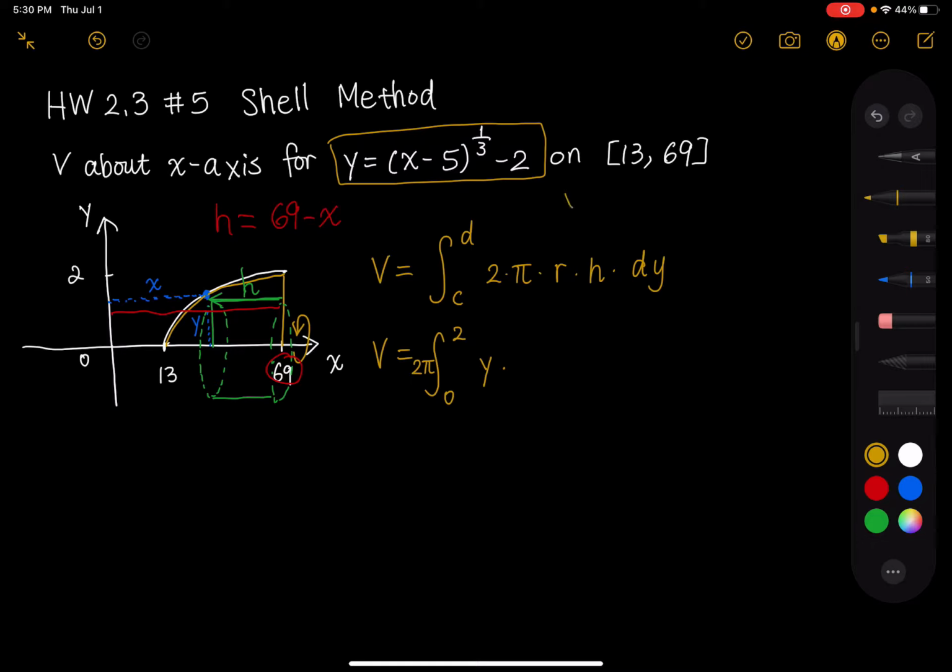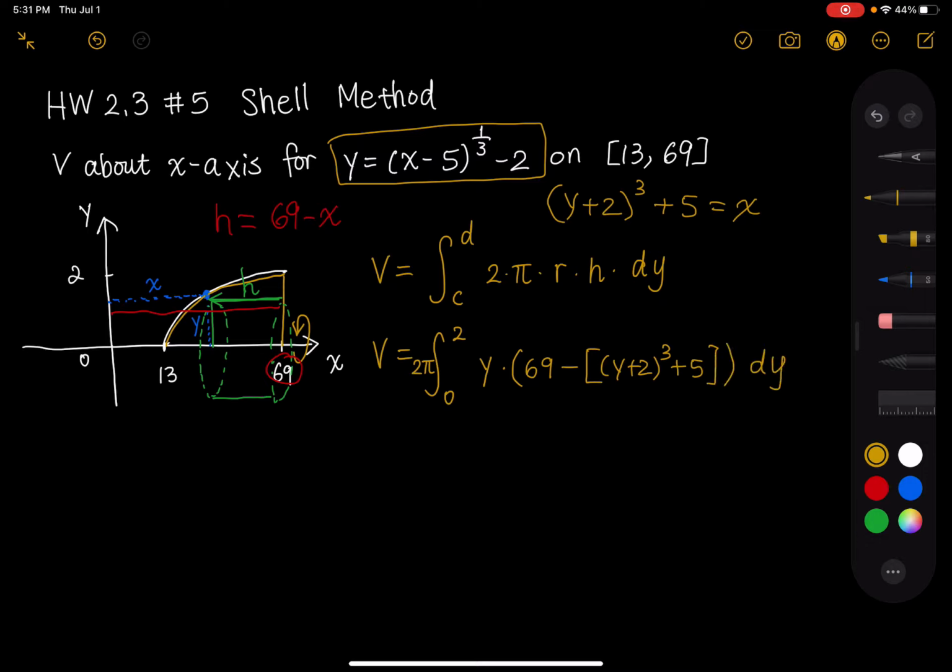So for y, you add 2 on both sides, you take the third power, and you add 5 on both sides, you get x. So that's the expression for x. And your h is 69 subtract your x, which is (y plus 2) to the third power plus 5.